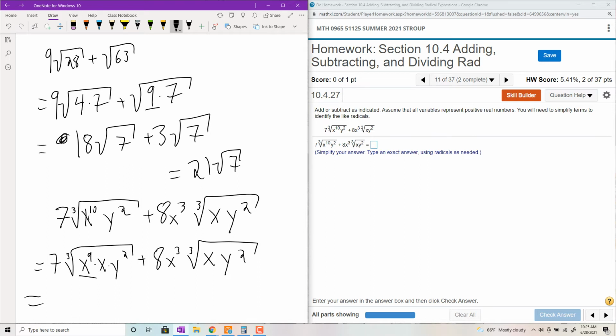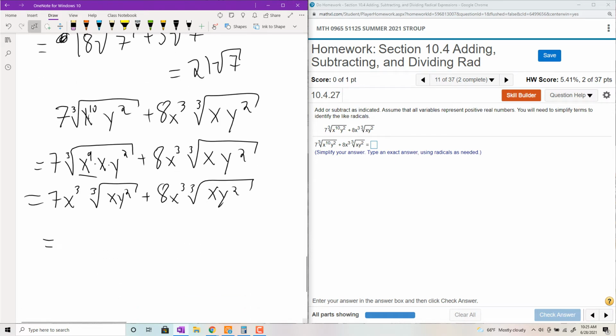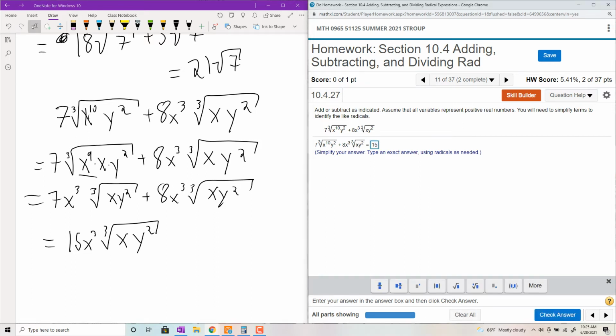The cube root of x to the 9th will give you x cubed, so 7x cubed times the cube root of xy squared plus 8x cubed times the cube root of xy squared. So those are like terms. Okay, so 7 plus 8 will give you 15x cubed times the cube root of xy squared. 15x cubed, backslash nert, cube root xy squared.